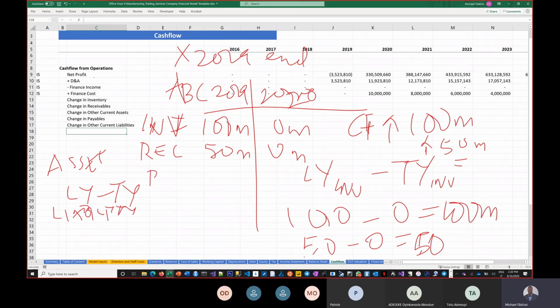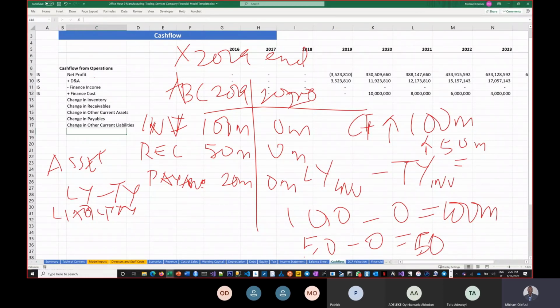If I owe my suppliers, so payables, 20 million naira at the end of last year, since I've closed shop and I'm fulfilling all obligations and receiving money from those owing me, if at the end of 2020 I've paid those suppliers that I owe, I will have to take from our cash account to make that payment, right?